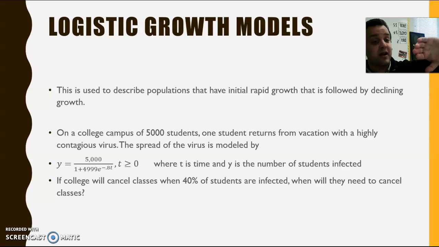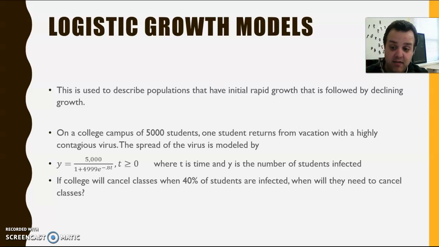They start by spreading exponentially, and then as there are things that make the virus start to taper off, whether that be social distancing measures or a vaccine or whatever interrupts it, the virus slows down in its growth and does not grow nearly as fast, okay?